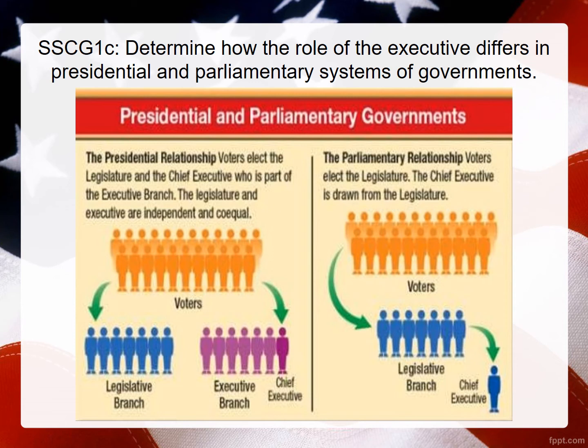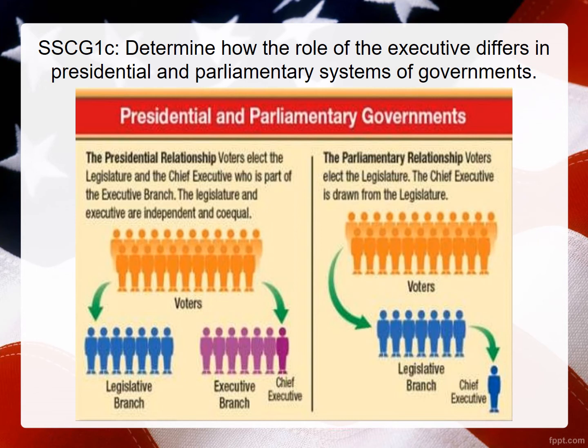So the presidential, this is how the president is elected in a presidential relationship. The voters actually elect the president or the chief executive. Do you guys remember how that happens? You're exactly right. It happens through the electoral college. And so the way that the president is elected, we go to the polls and vote.